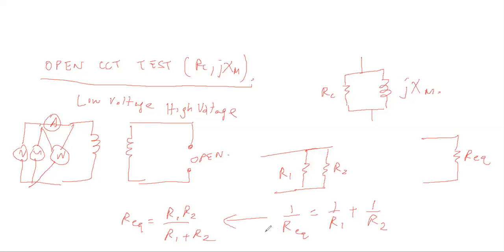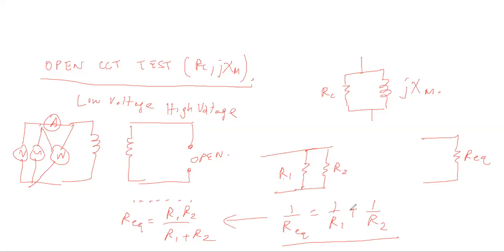So basically the thing that we can observe from here is, if we have two resistances in parallel, to find their parallel combination we have a more complicated expression than here.